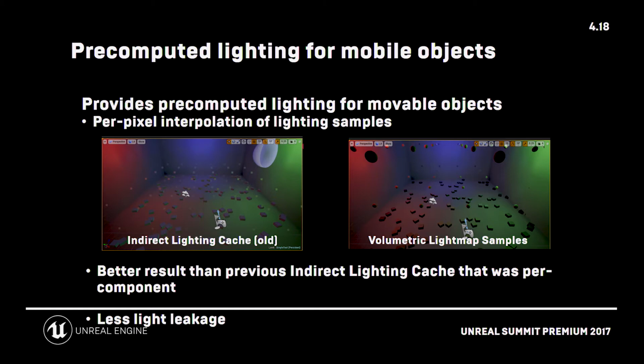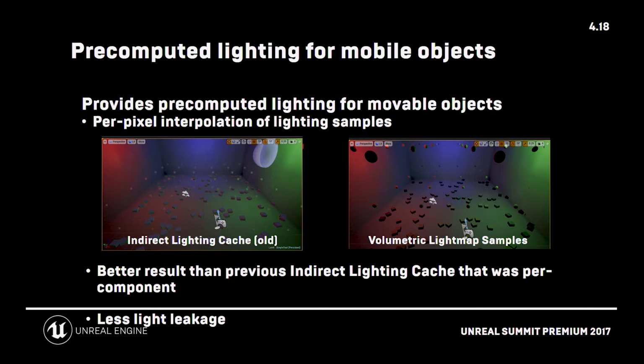And so there are two screenshots here of the same scene. The left scene is using the old indirect lighting cache, and the right scene is using the volumetric light map. And both of them have got the visualization, so you can see at each point in space what the cache lighting looks like.